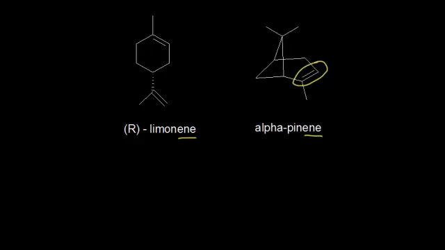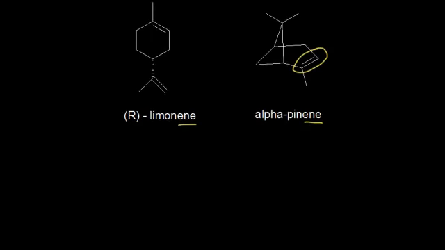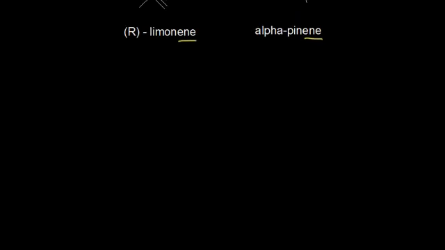Let's take a look at some simpler alkenes and see if we can name them. All right, so if I were to look at an alkene, it looks like this. Let's put our double bond right here. How would I name this according to IUPAC nomenclature? Well, when we named our alkanes, the first thing we did was find the longest carbon chain.